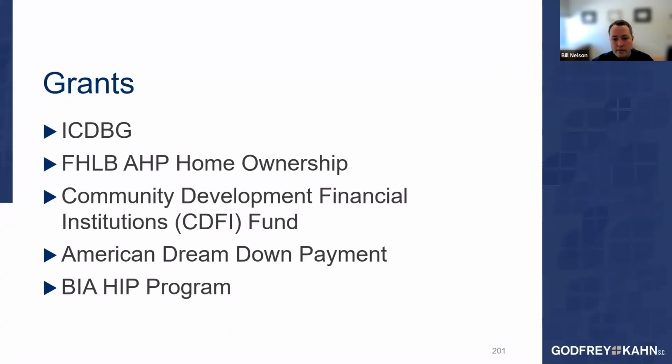So the 5 programs that I'm going to cover are the HUD Indian Community Development Block Grant, the Federal Home Loan Bank Affordable Housing Program, the Treasury Department's Community Development Financial Institutions Program, and I'll try to use acronyms following this one, and then the American Dream Down Payment Program under the Home Act. And finally, 5th, BIA's Housing Improvement Program.